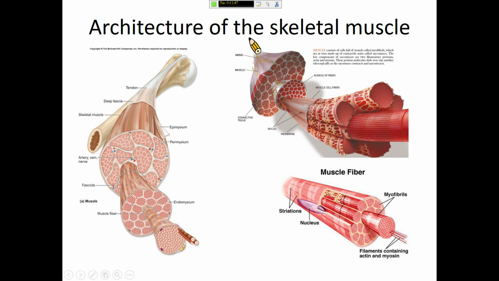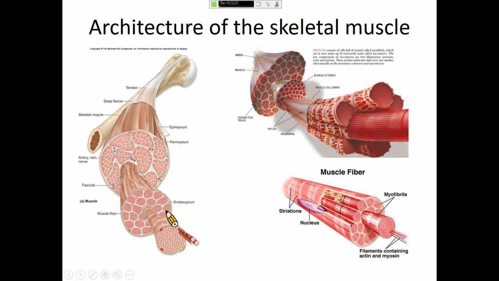If this nerve coming from the brain gives these muscle fibers the same signal, trying to activate all these, then we'll have a contraction here. Every muscle fiber will contract.